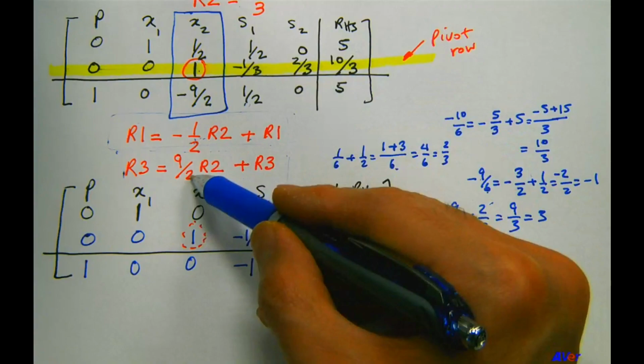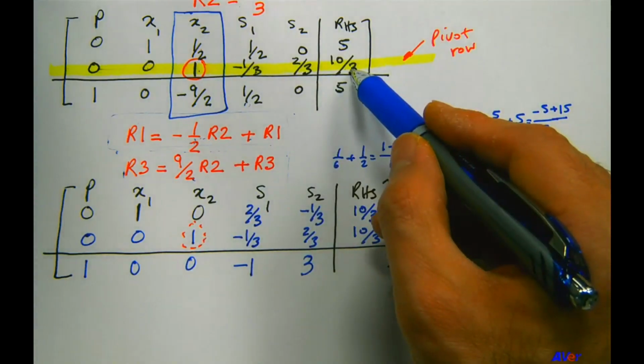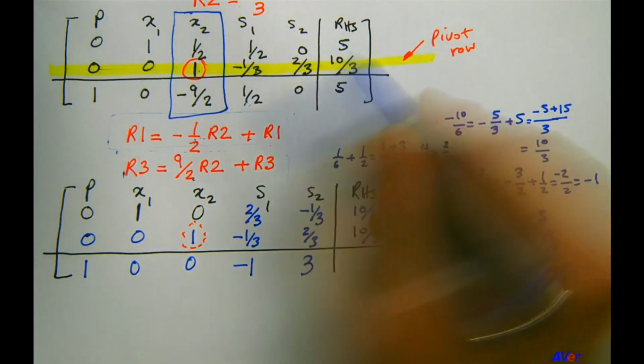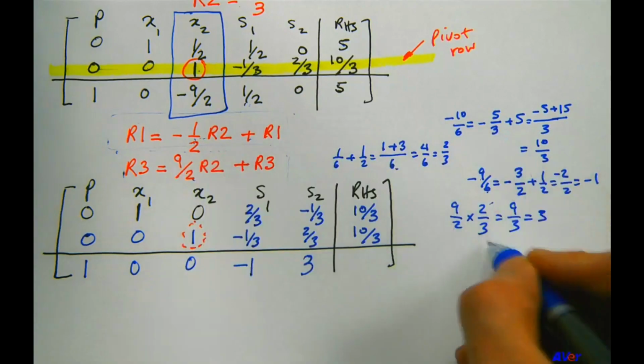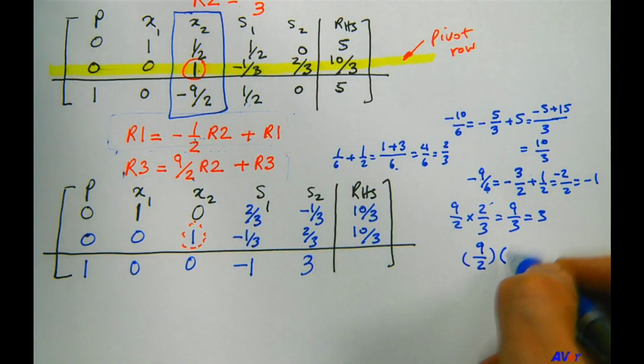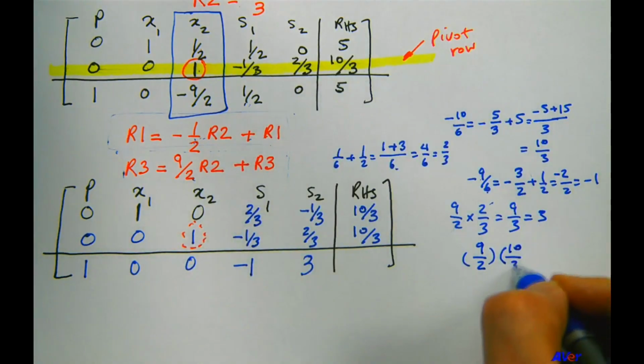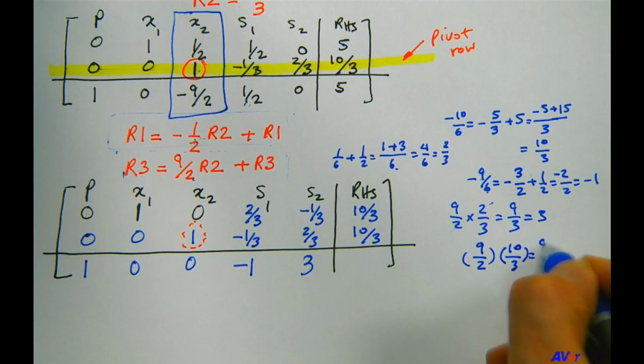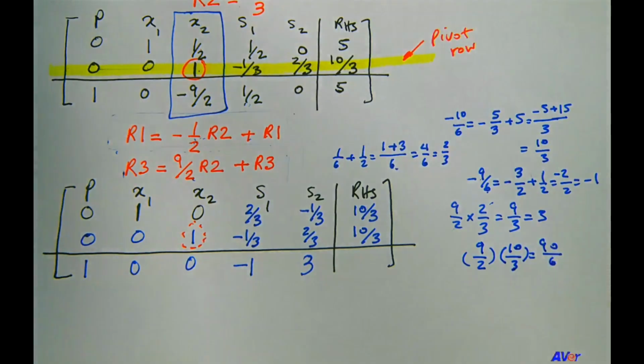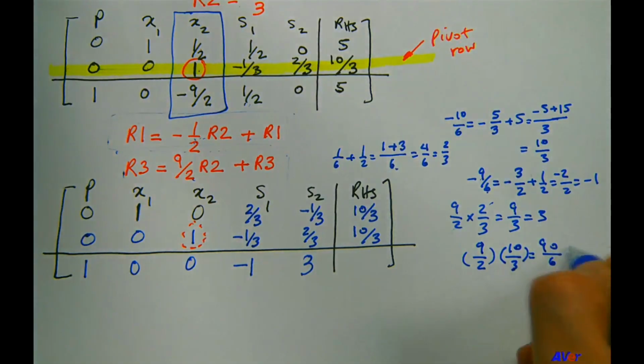So we have one more number left here. 9 halves times 10 over 3, that's 90 over 6. Right? Let me do that here. 9 halves times 10 over 3, we get 90 over 6. 90 over 6 is equal to 15, right?